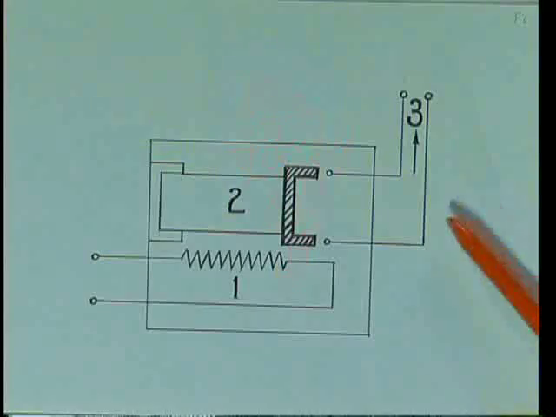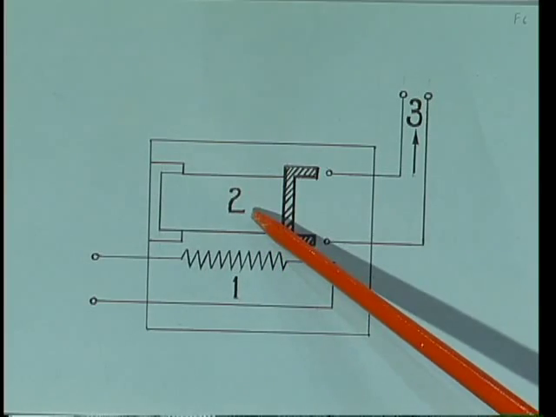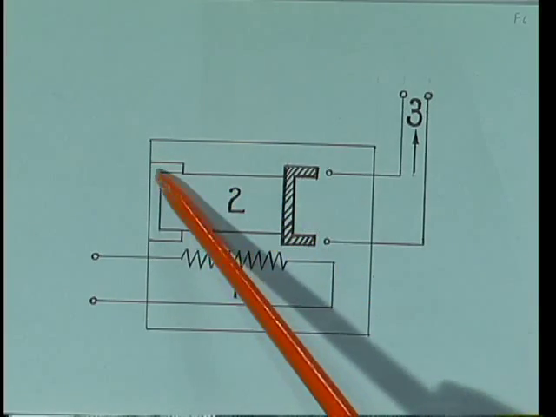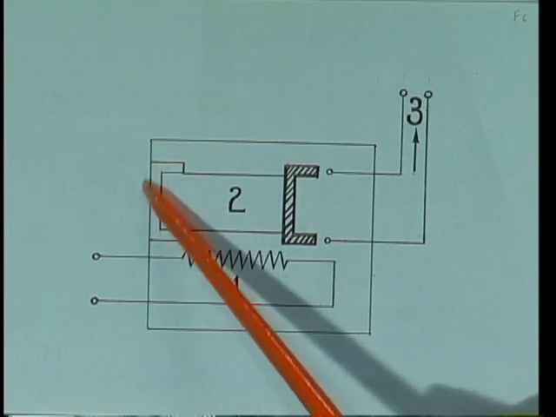The thermal relay is as shown in the figure. It consists of a bimetallic strip, number 2, connected between two supports.